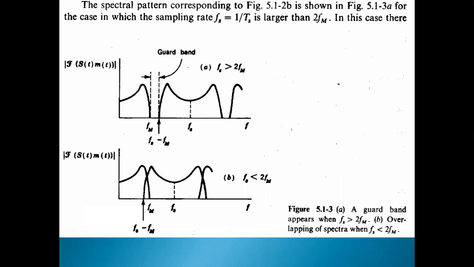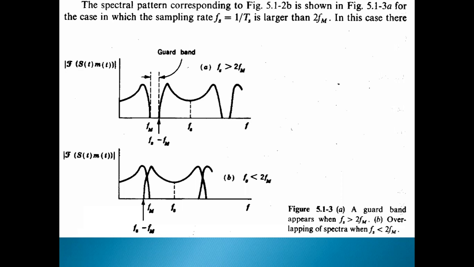Because there should be guard bands. If the guard bands are there, there is a chance of getting the message from the samples. Another thing is that guard bands are used to protect the signal.